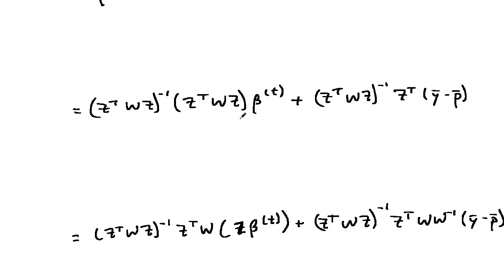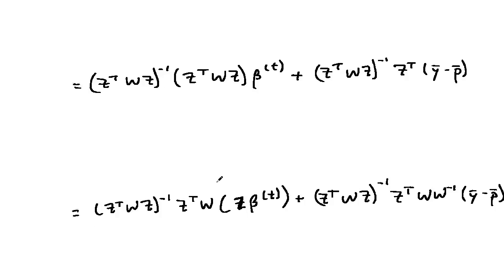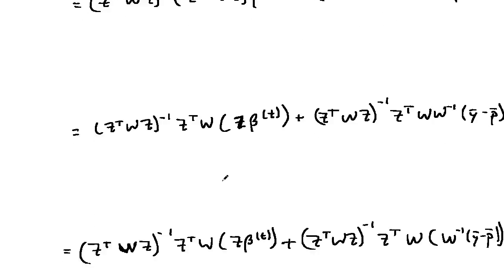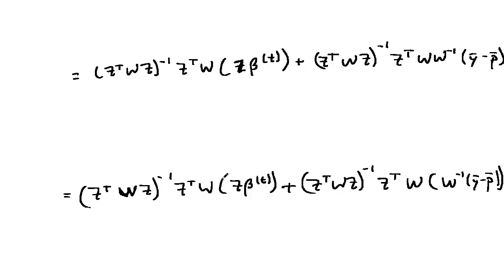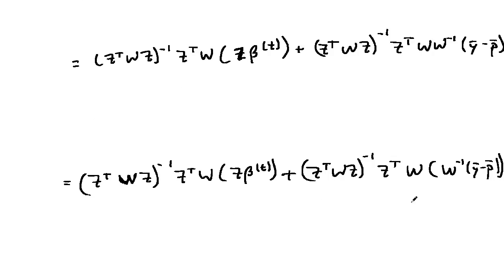Also, here we regroup this part, so we have Z beta t here. It's the same thing. Okay, now we regrouped this part here, so we have W inverse times y minus p.